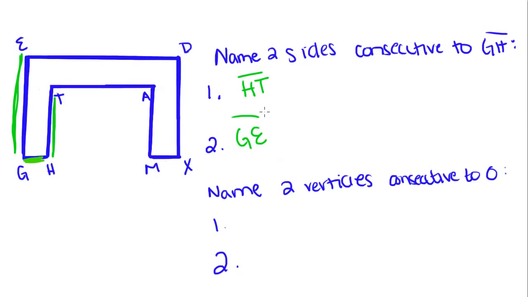So name two consecutive vertices to O. So that should be an O. So this one is next to this one, but it's also next to this one.